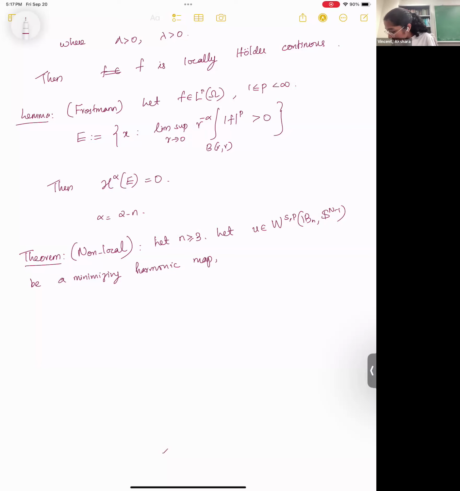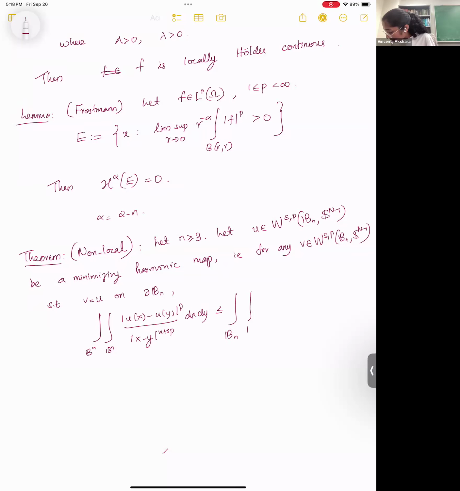That means for any v belonging to W^{s,p}(B^n, S^{n-1}) such that v equals u on the boundary of B^n, the energy, now in the fractional Sobolev spaces, defined by the double integral of |u(x) minus u(y)|^p over |x minus y|^{n+sp} dx dy, is less than or equal to the integral over B^n times B^n of |v(x) minus v(y)|^p over |x minus y|^{n+sp} dx dy.